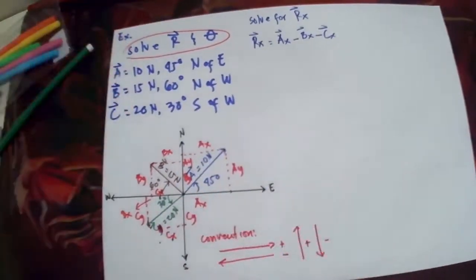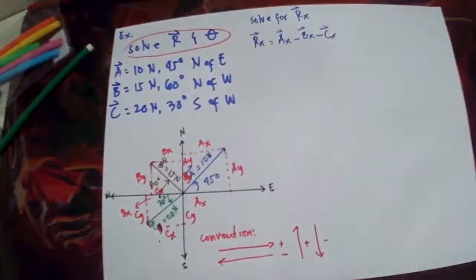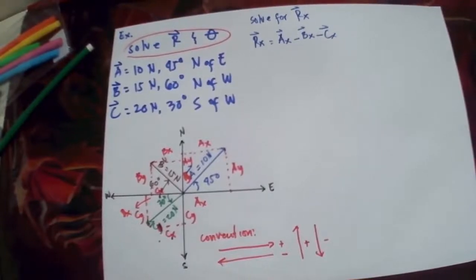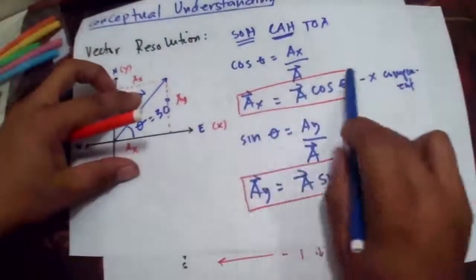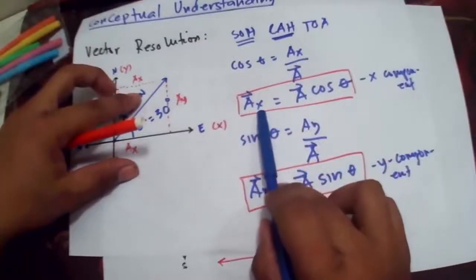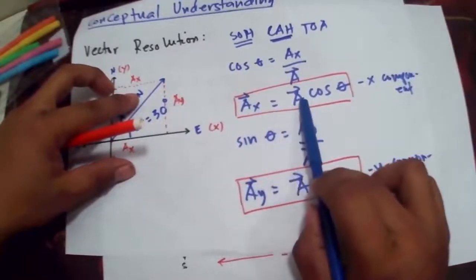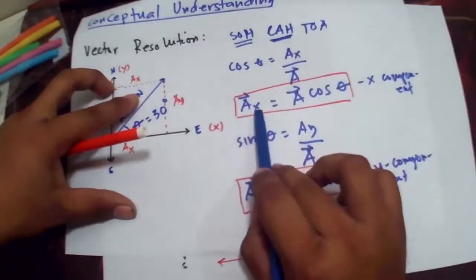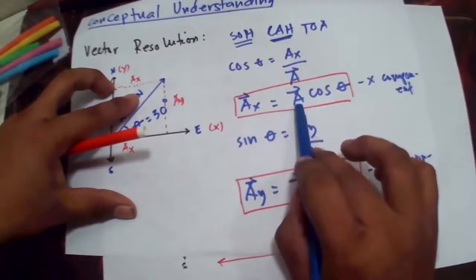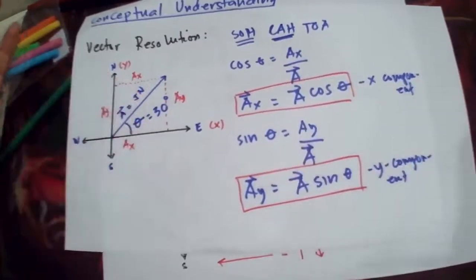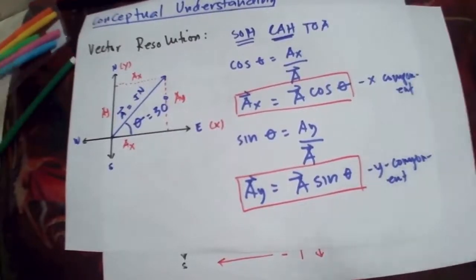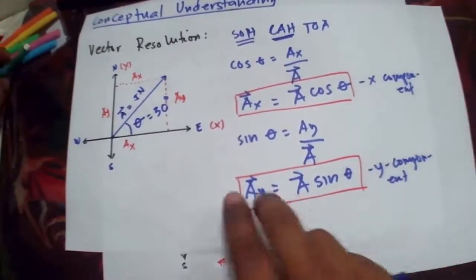Okay? Remember that A sub x, B sub x, and C sub x are also represented by this formula here. So A sub x is equal to vector A cosine theta. Same goes to vector B: B sub x is equal to vector B cosine theta, since in dealing with x component vectors, we are using the cosine function.